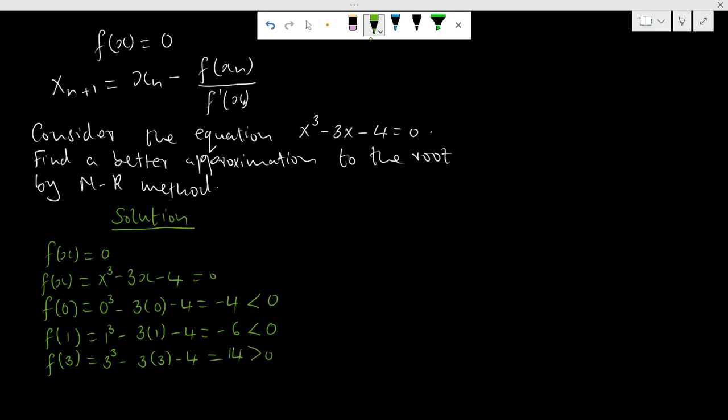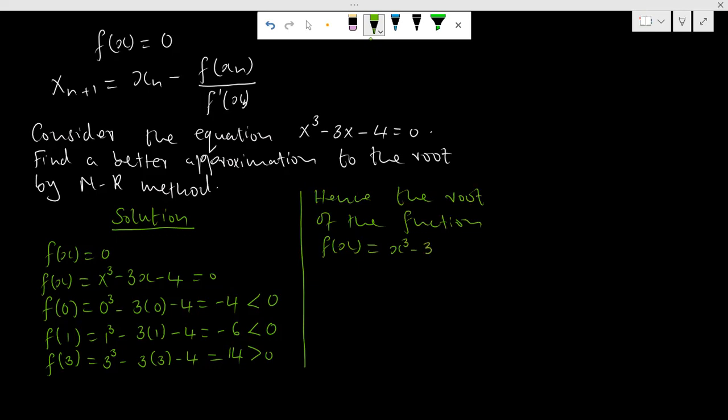So this implies that, hence, the root of the function f of x is equal to x cubed minus 3x minus 4 is between 1 and 3.